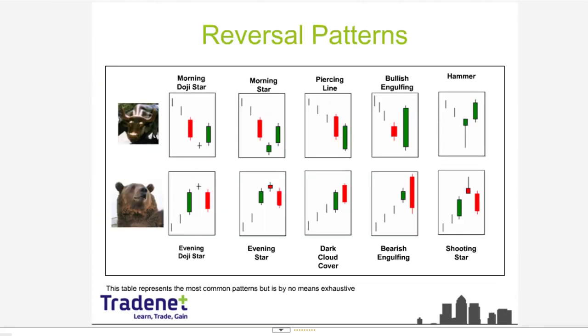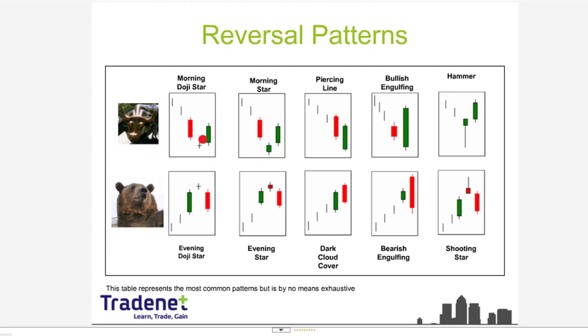The basic reversal patterns are actually quite simple. Those of you who already traded and know about Japanese candlesticks, these are quite simple really. But whatever we're watching right now, you always need to remember that once we talk about reversal or breakout patterns, which we will talk about later, you always have to take into consideration the trend.